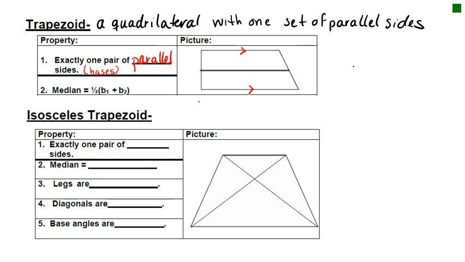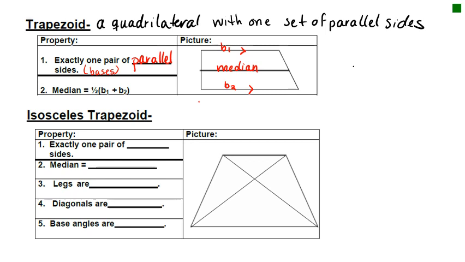And there's a special formula. Your median equals 1/2 the length of your base 1 and your base 2. So if we call this our median, it equals 1/2 base 1 plus base 2. I can make the bottom one base 1 or the top one base 1, just the other one has to be base 2. So you can find a missing side by knowing the other two.